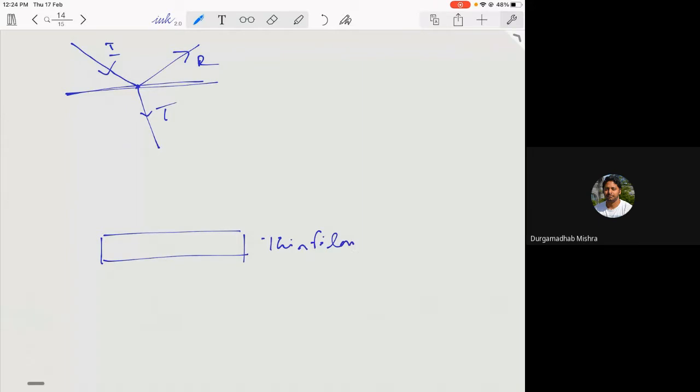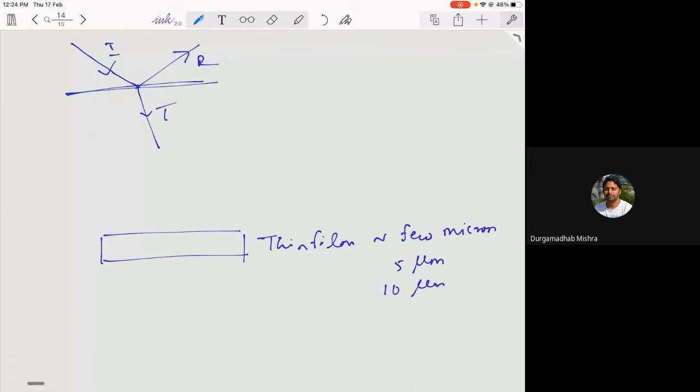Normally in a thin film, in the optical sense, we would say the thickness is of the order of a few microns. So maybe 5 micrometer, or 10 micrometer, or between that range. So this is typically the thickness we would assume.